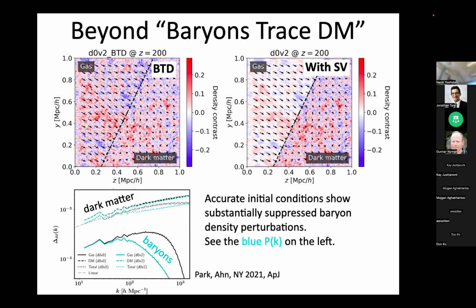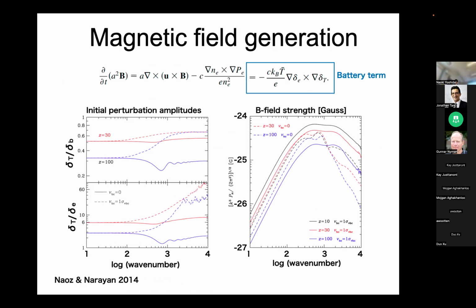Because of these relative density perturbations and offsets, the gas density fluctuations and the temperature fluctuations are slightly misaligned. Well, this is a slight effect, but if we care about magnetic field generation, this is super interesting because this is the typical induction equation with the so-called battery term.